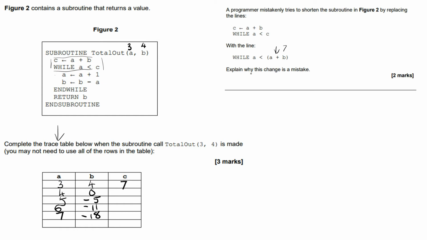Right, so let's figure out why it's a mistake, because at the moment it looks like it's not a mistake, which makes me think this could be a logic error. So while A is less than 7, and then we've got A plus B, so while A is less than 7, so what happens next? I need to do a table.